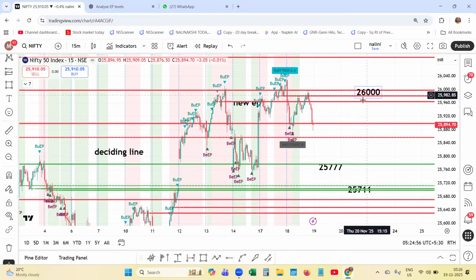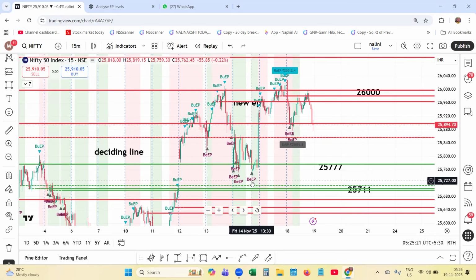26,000 is the resistance level and the latest one is 25,978 to 25,960. What the market did was, when it came down to this level on 14th November, it was a huge run up, crossing all these level clusters.